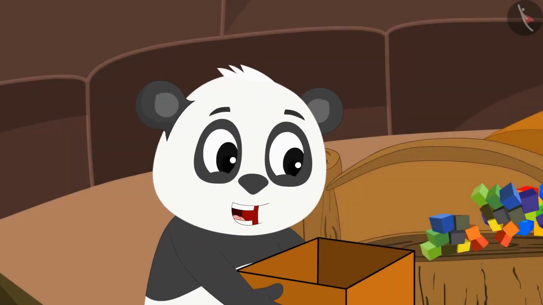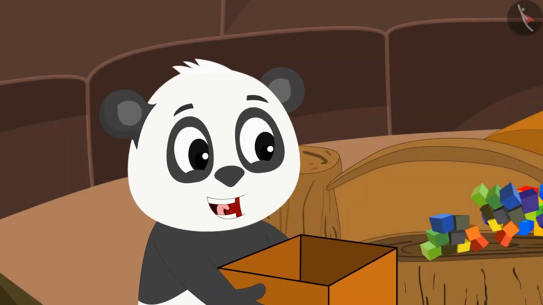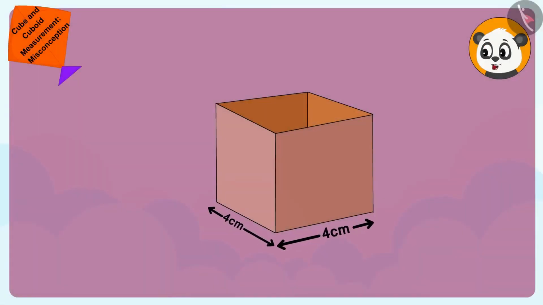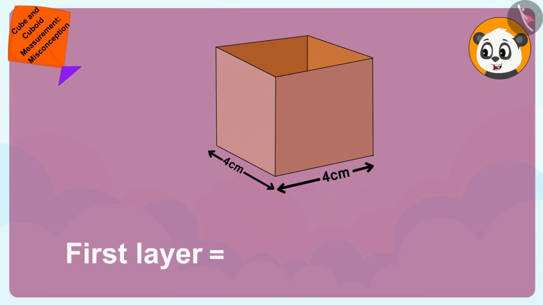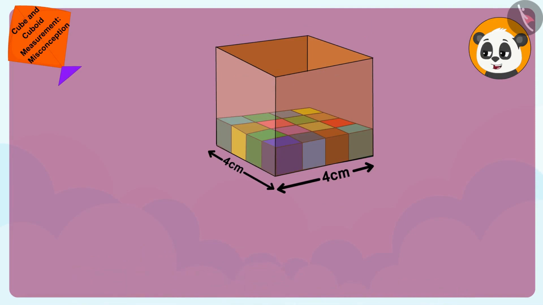I will find the volume of this cube shaped box. Sher Khan, the sides of the cube shaped box are 4 centimeters each. This means the first layer will have 4 times 4, 16 cubes of dimension 1 centimeter each, and its height is 4 centimeters.